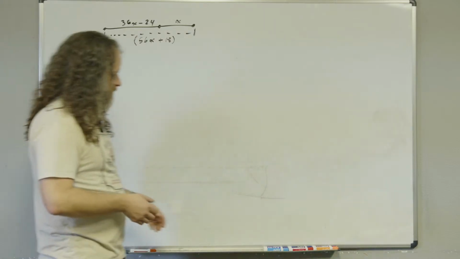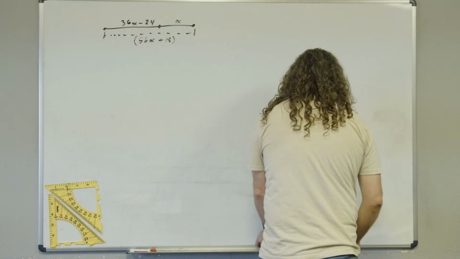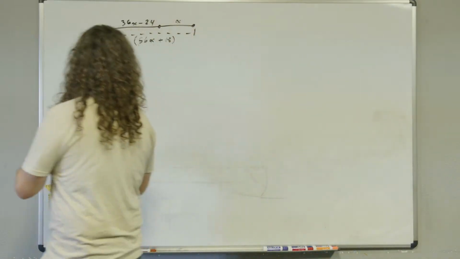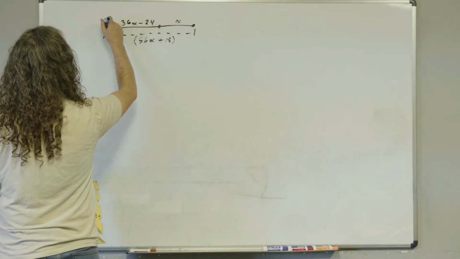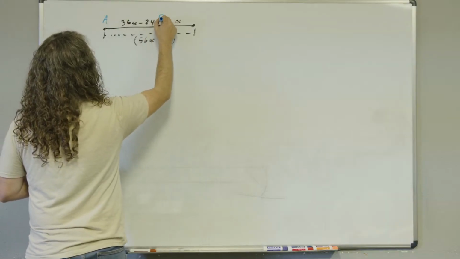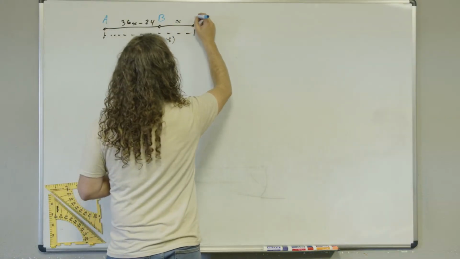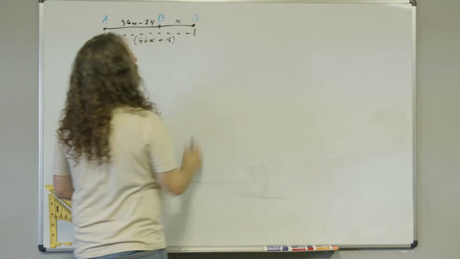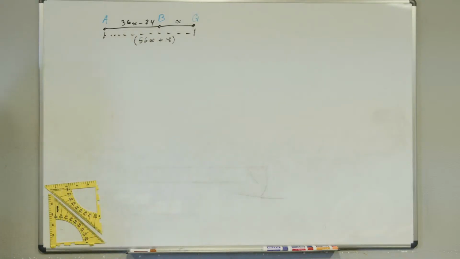Let me give these points some names so that it's easier for us to talk about it today. Call this one A and B, and because we're going to be contrary, we'll call this one Q. Okay, so we've got 3 line segments. What are the different line segments?